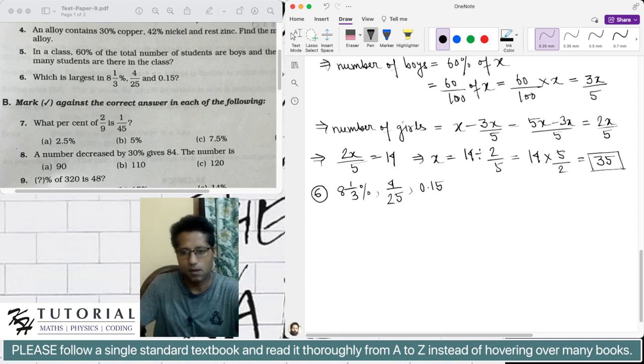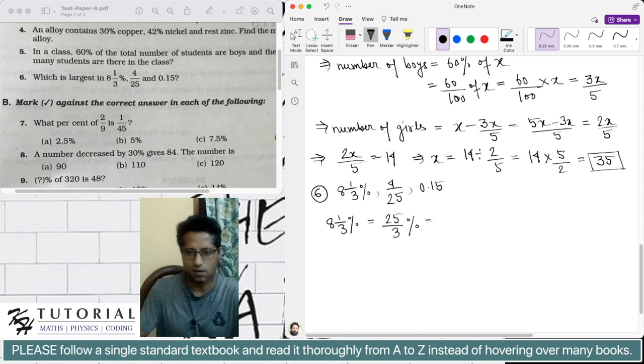First of all, 8 and 1/3 percentage, it is in mixed fraction. Let's convert this into an improper fraction. So 8 and 1 by 3 becomes 25 by 3 percentage. Now this 25 by 3 percentage, we have to convert it to a decimal.